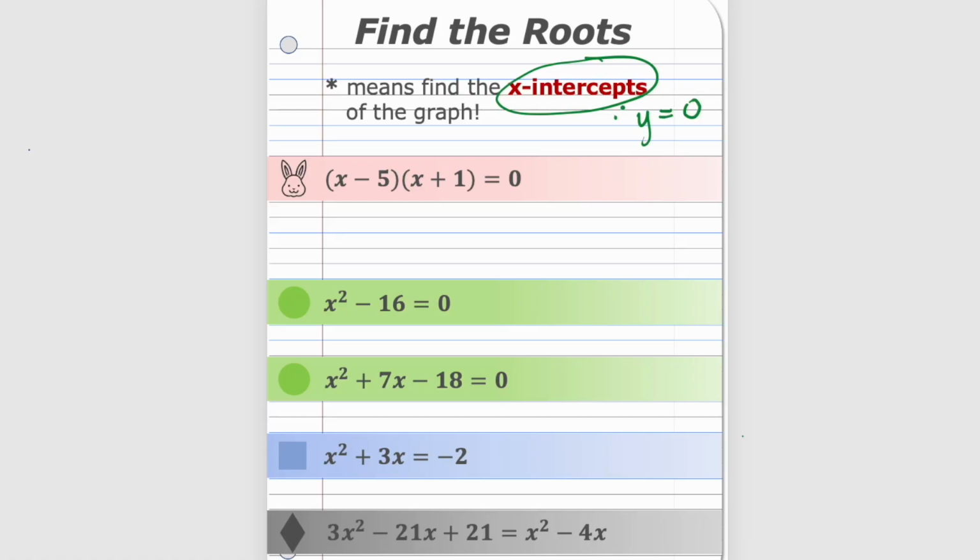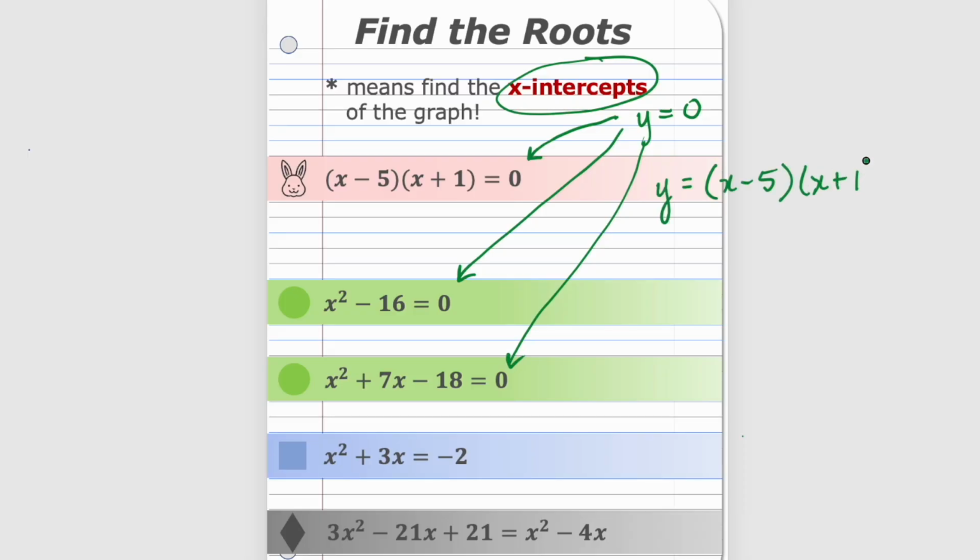If you notice, in 3 of these, we see a value of 0. Right there, and right there. If we want to see what this equation looks like graphed, we could just switch this 0 to be the y and see what that looks like. Same thing here, we can do y is equal to x squared minus 16.